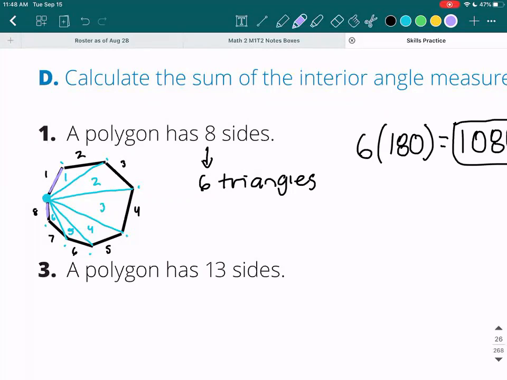So that's why from the number of sides that you have, which was 8 sides, you take away those 2 non-diagonal lines. So that's why an 8-sided polygon will have 6 triangles.